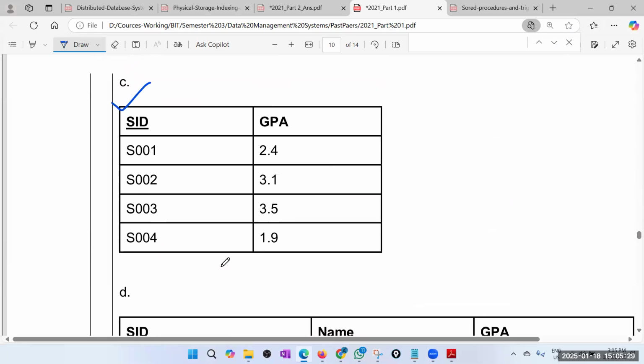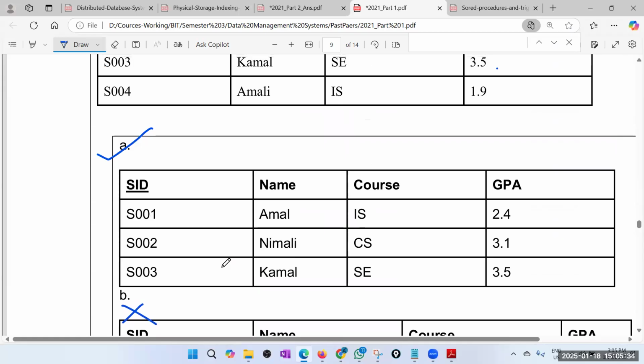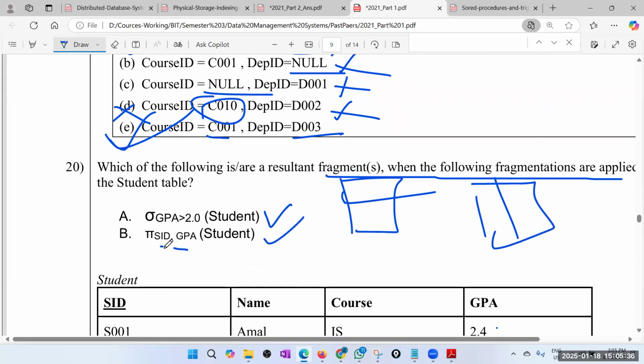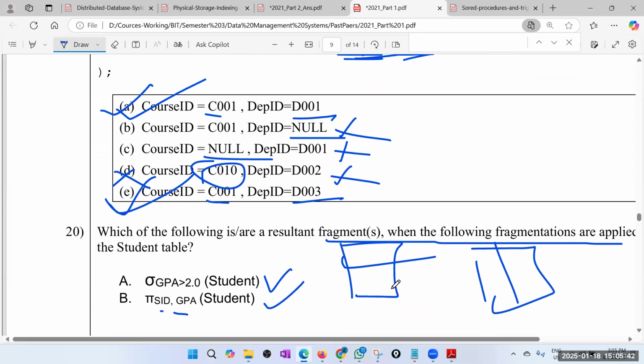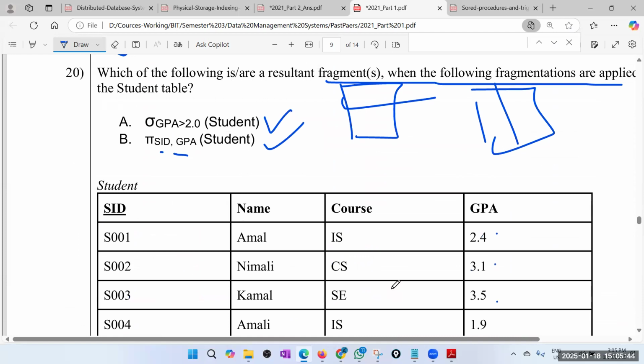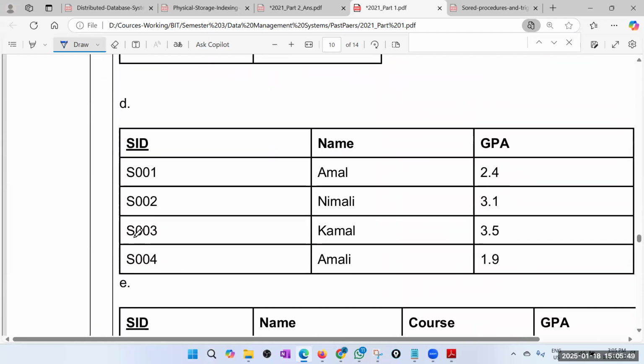D. SID GPA name. එහෙම එකක් තියුණාද? SID GPA name තියුනේ නැහැනේ. It's only SID GPA. No name here, right? Yes, no such thing.